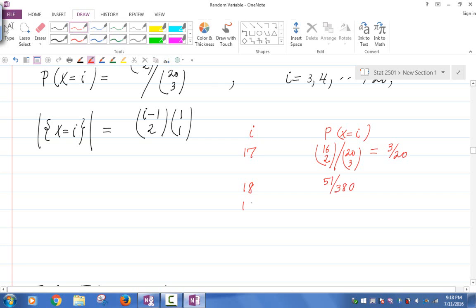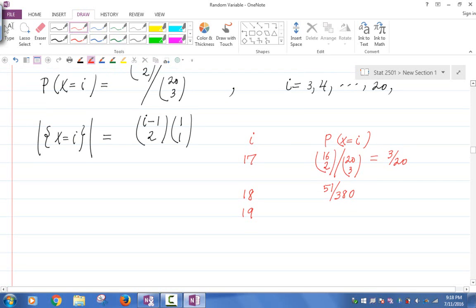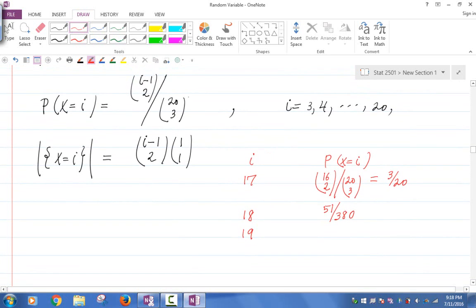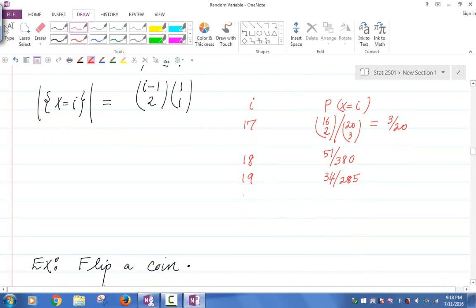If I is 19, then the probability that X is 19, by using this formula, will be 18 choose 2 divided by 20 choose 3, and simplification will yield 34 over 285. And when I is 20, we will get 2 over 19.